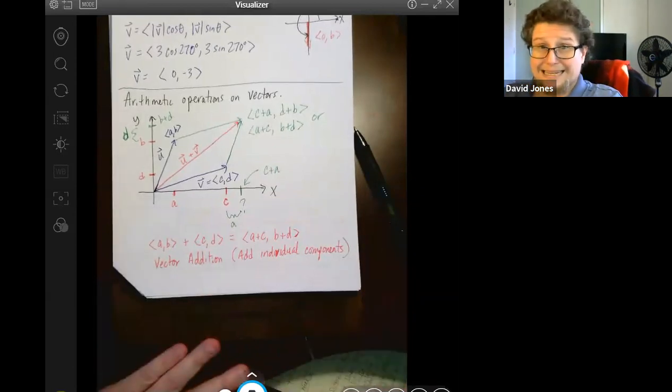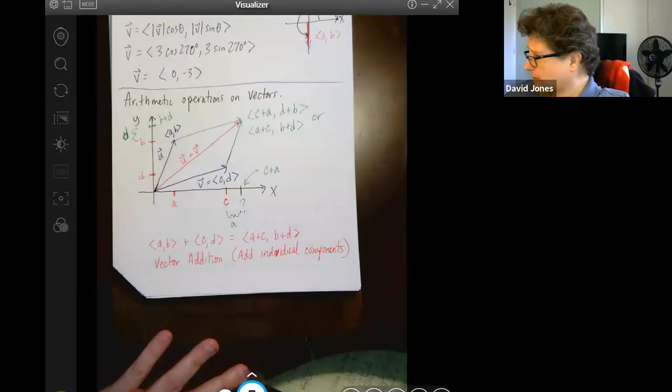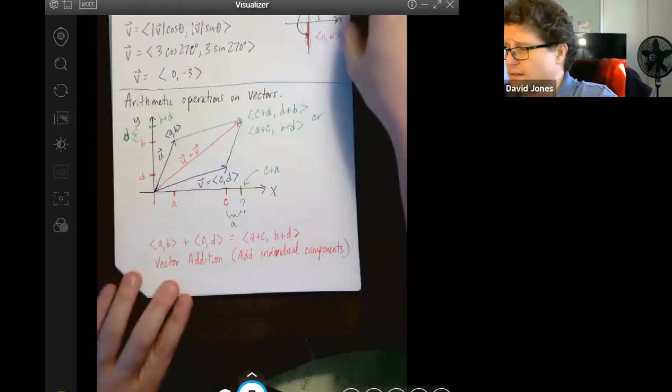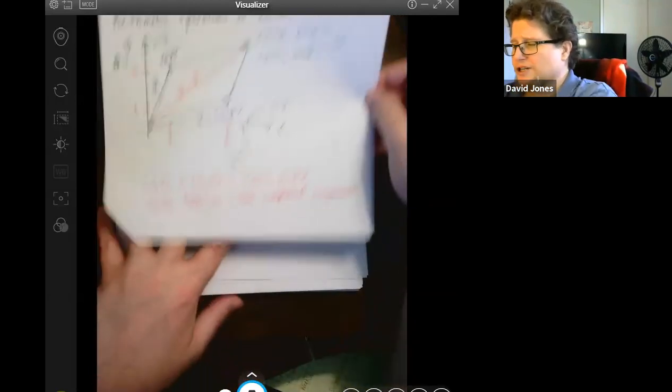This is pretty easy. If you know A, B, C, and D, this is a basic operation. Guess what that does to subtraction?